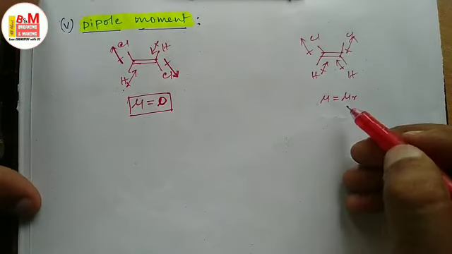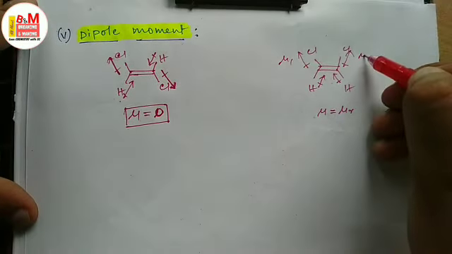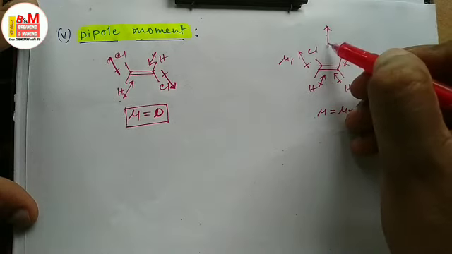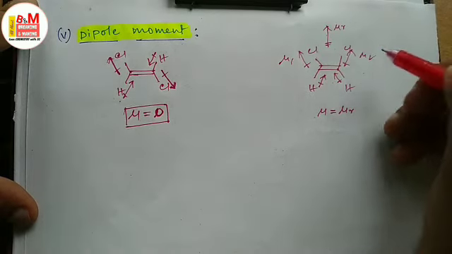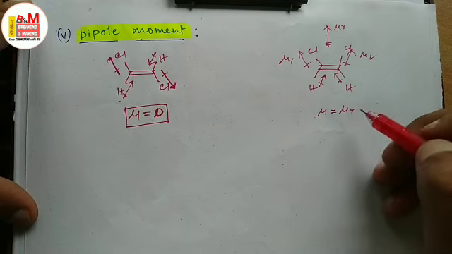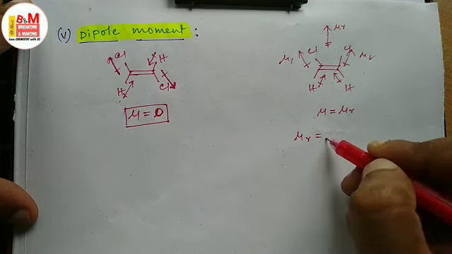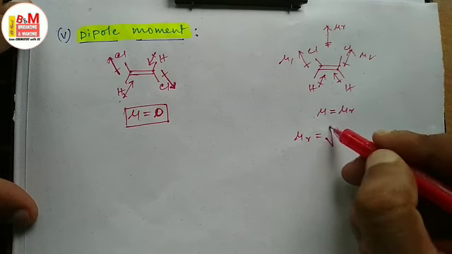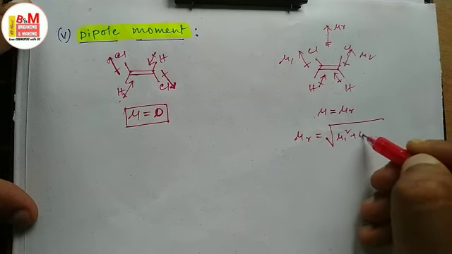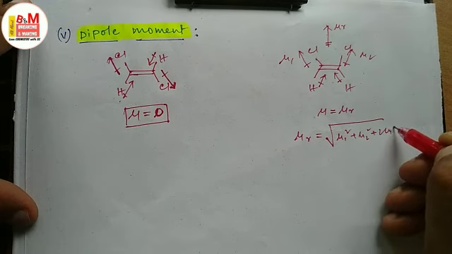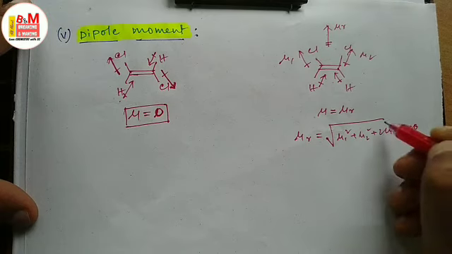But in case of here, say this is mu1 and this is mu2, there will be a definite value of dipole moment mu r for this molecule. We can easily find out the value of mu r by the easy vector formula, which is root over of mu1 square plus mu2 square plus 2 mu1 mu2 cos theta.